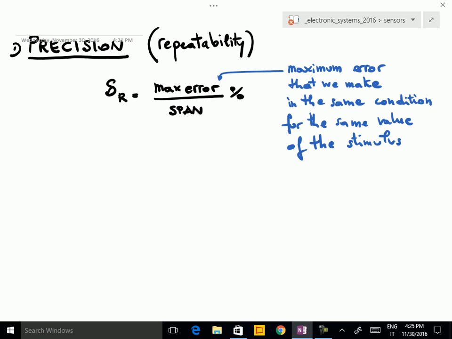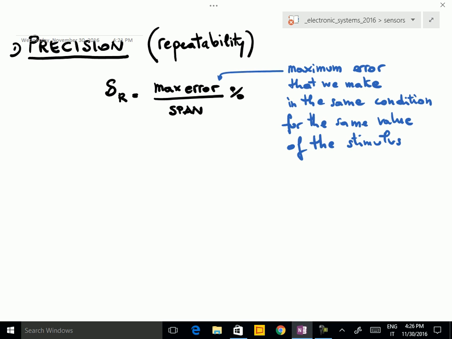Why do we make an error if we measure in the same conditions the same value of the stimulus? We can make an error because of many reasons: because of noise, because of aging of the sensor, or because of some, let's say, memory of the sensor, what is called plasticity of the sensor, in the sense that if you repeat the measurement, the sensor remembers the previous situation and does not give you the same result every time.